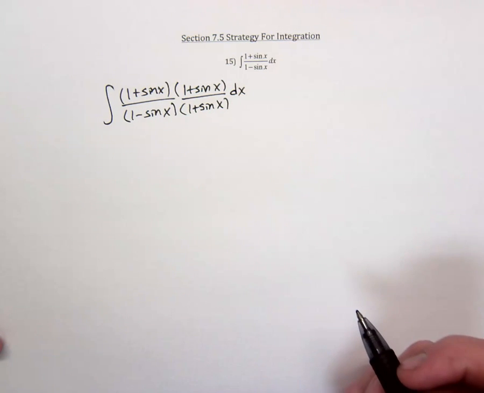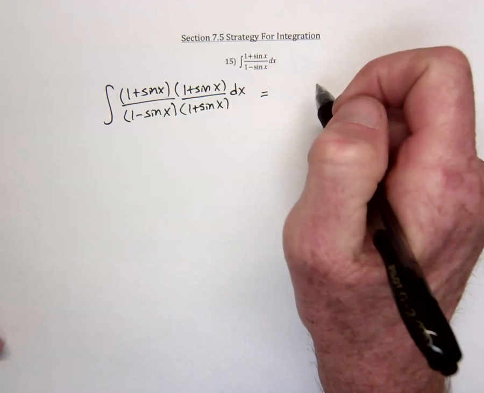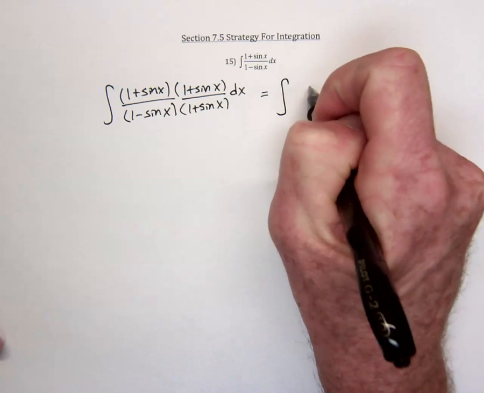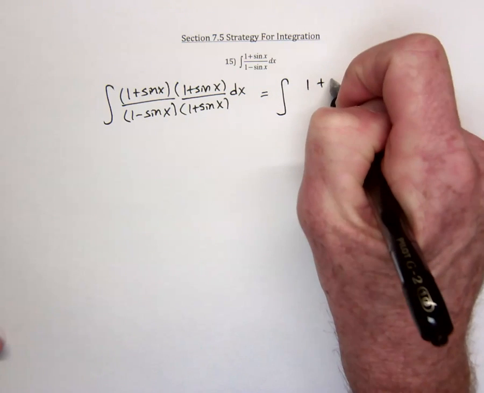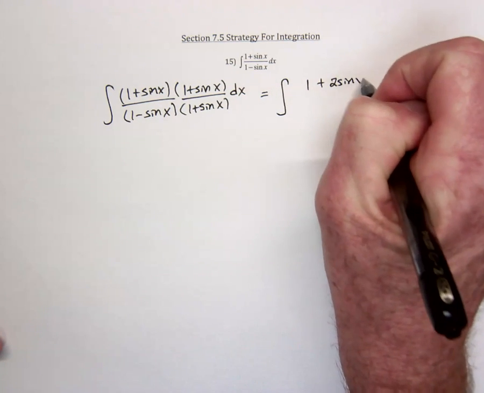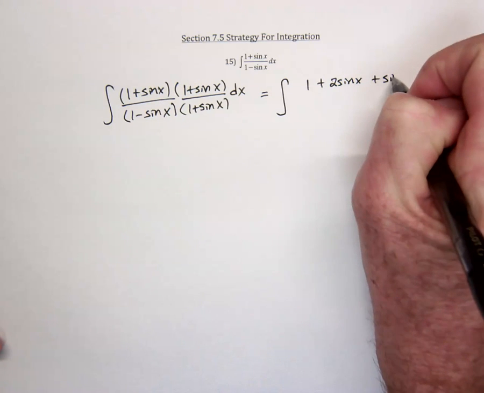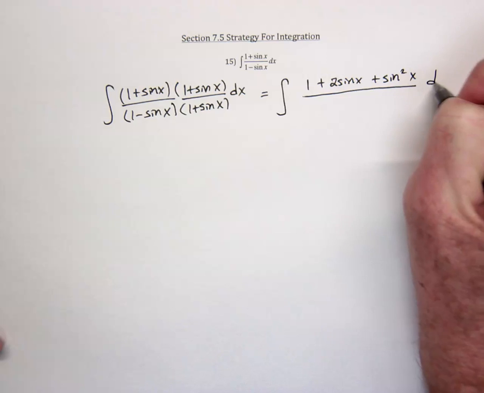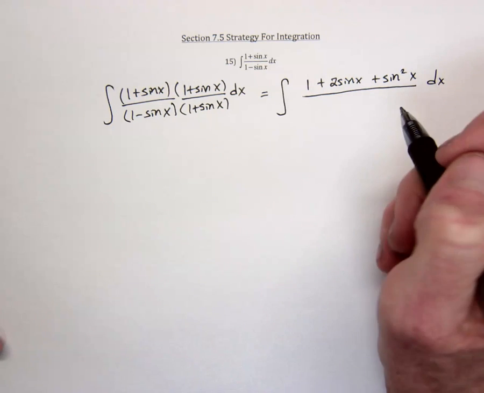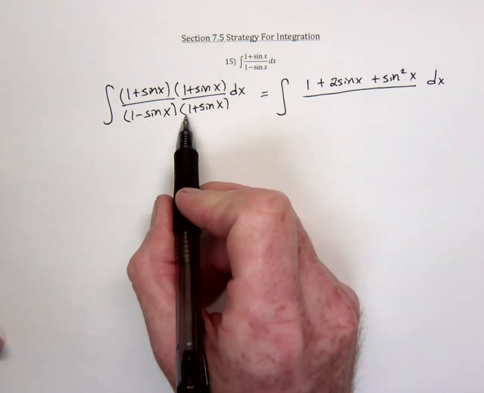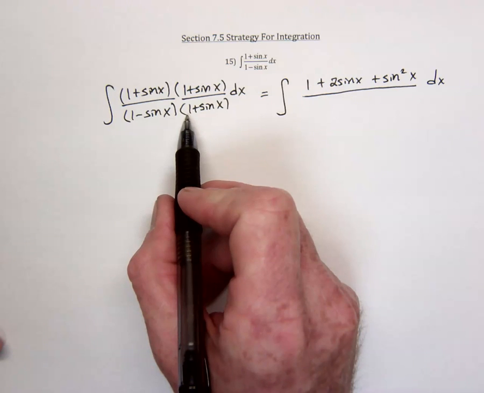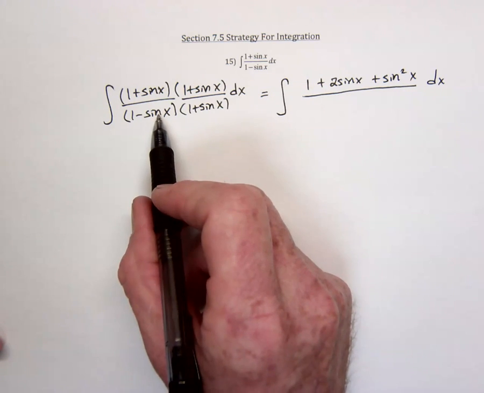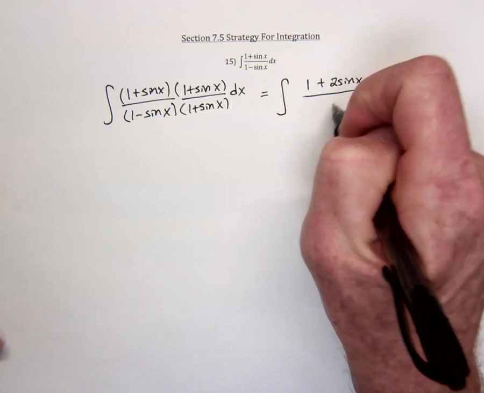And I'll go ahead and multiply out both the numerator and denominator. So the numerator is going to become 1 plus 2 sine of x plus sine squared. The denominator, you just need the first one times the first one is going to be 1. The middle terms are going to cancel, and then it's going to be minus sine squared.